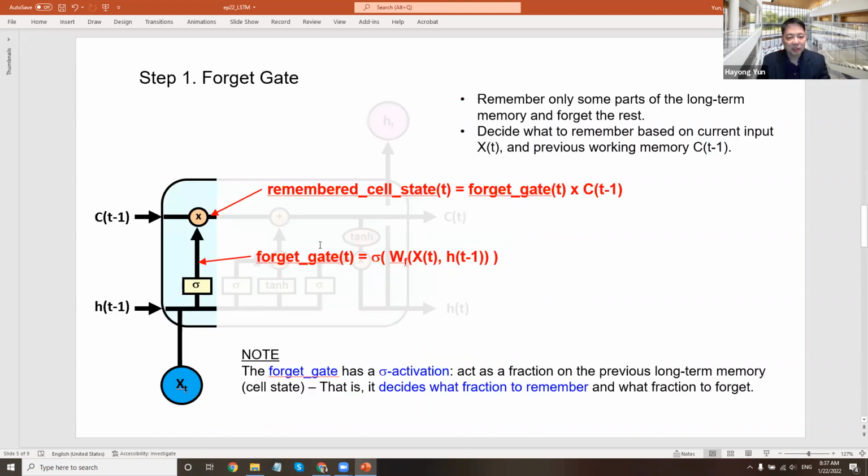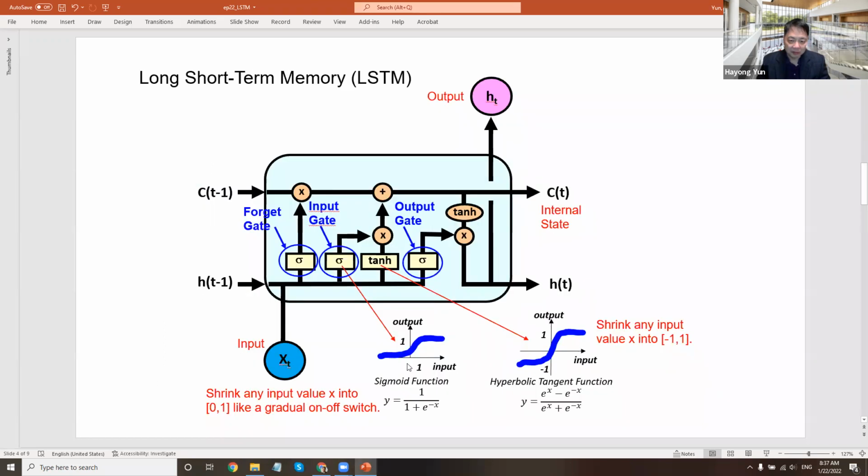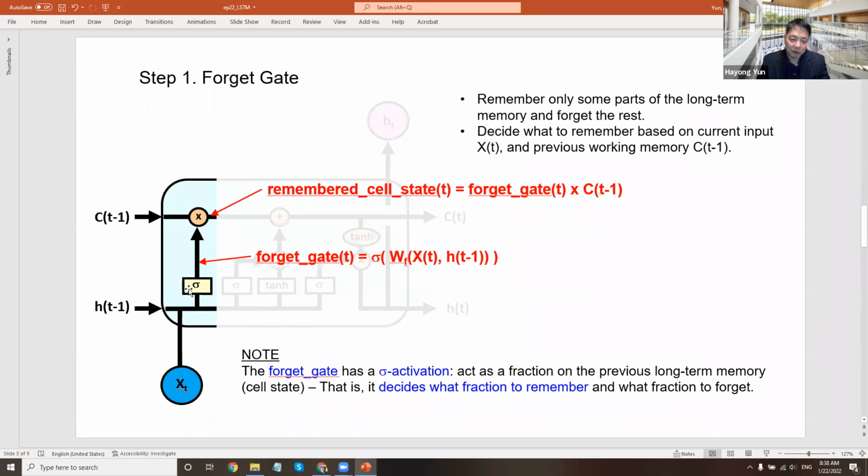So let's first look at the entry part here, which we call the forget gate. Here's the forget gate. And again, it looks like this switch. You can consider that sigma, the sigmoid activation function, as a switch. What does this do?